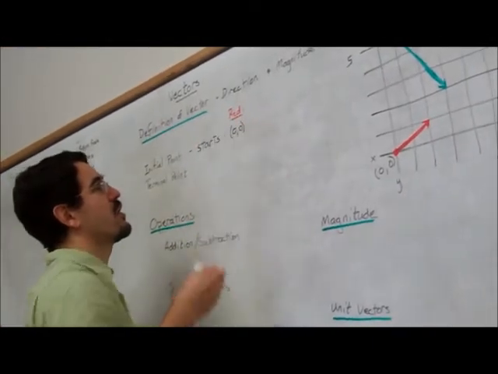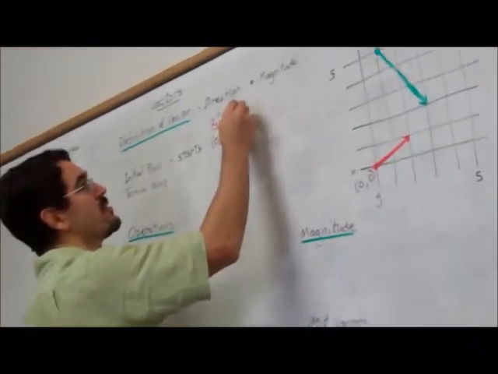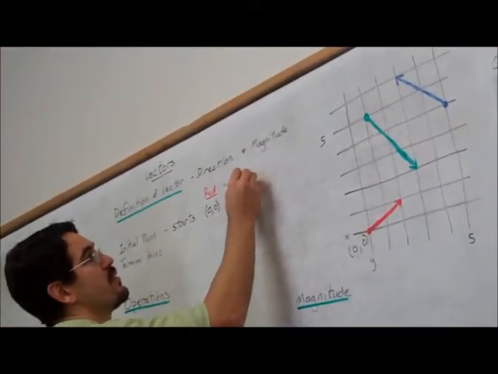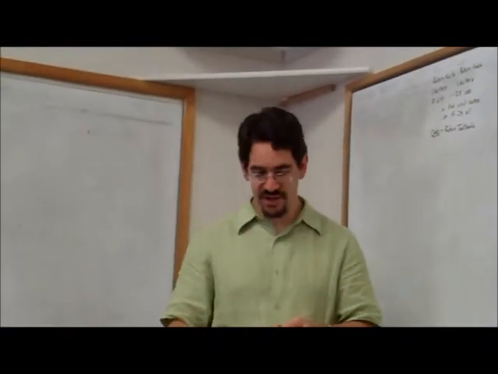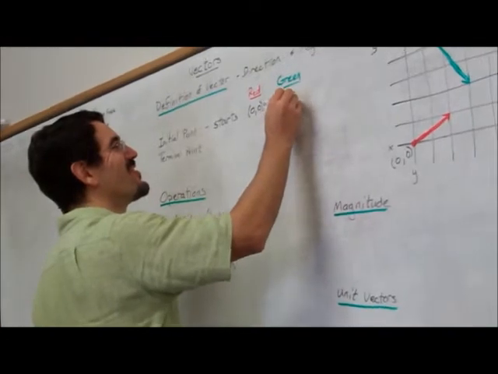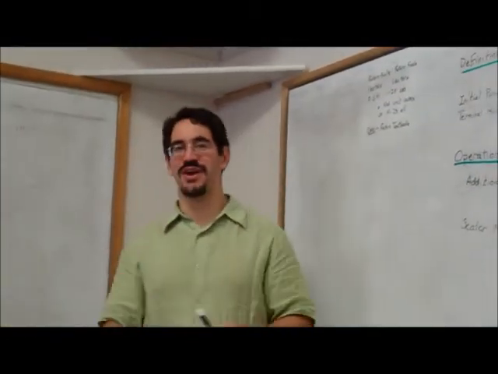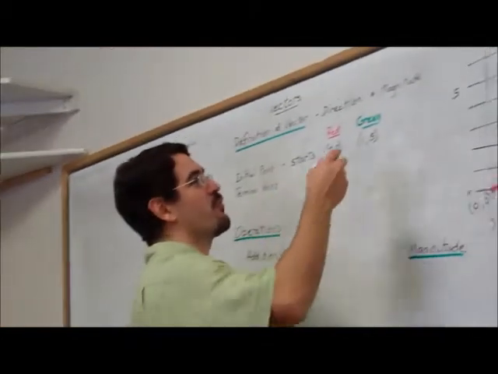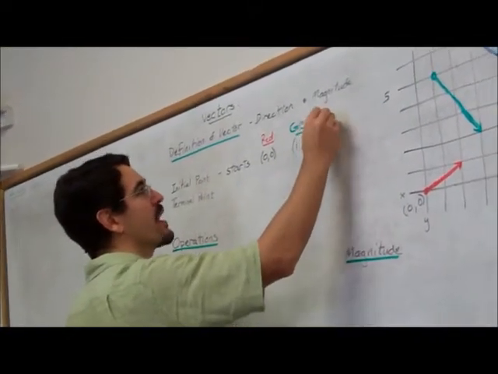Okay, what's the initial point of our green vector? 1, 5. That was you, Baruch, right? Trying to get bonus points in the last day? All right. 1, 5. And our blue vector. Lucas, what's our blue vector's initial point? 5, 4. Correct.